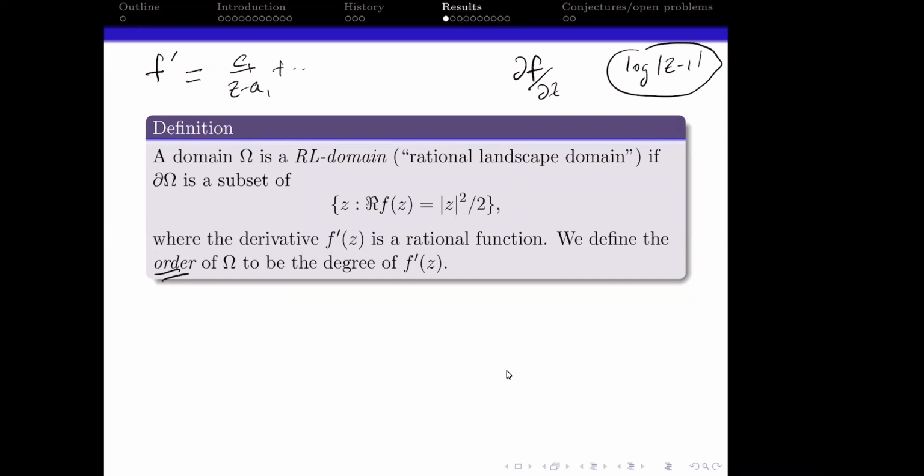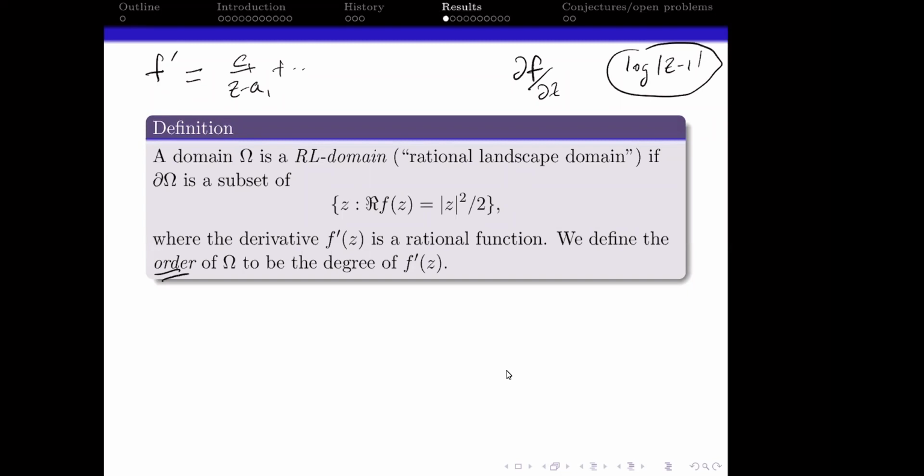So it is not quite holomorphic, but it is almost, except for the presence of logarithmic poles. But f prime is still meromorphic, rational in the holomorphic sense. Yes, f prime is rational, but f will be a bunch of logs and other rational functions. So this is our rational landscape domain.